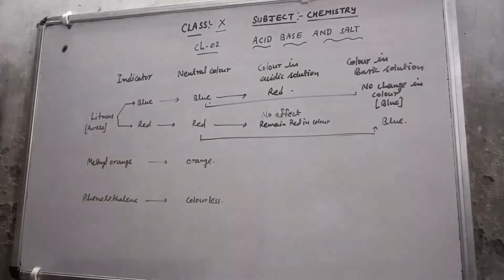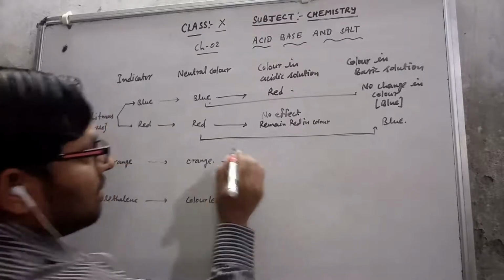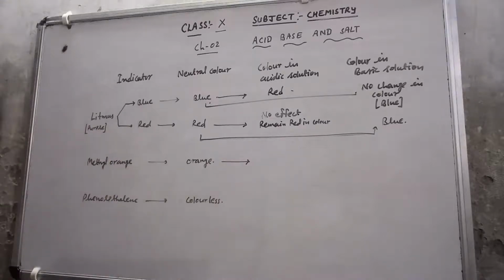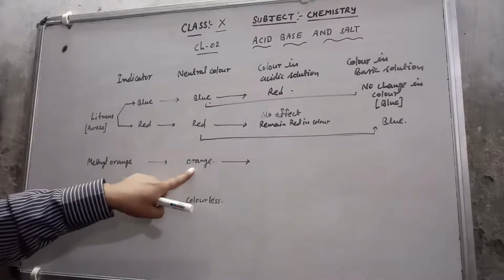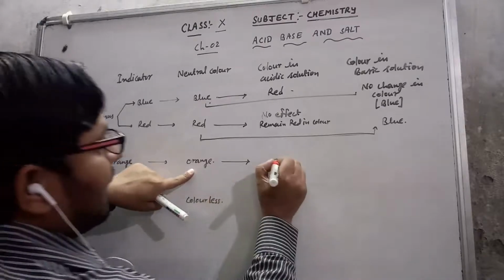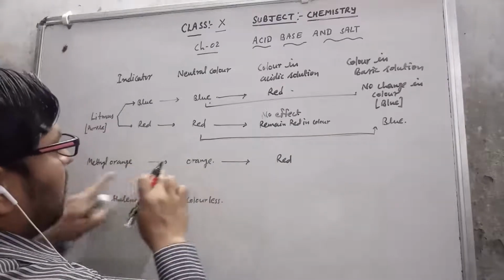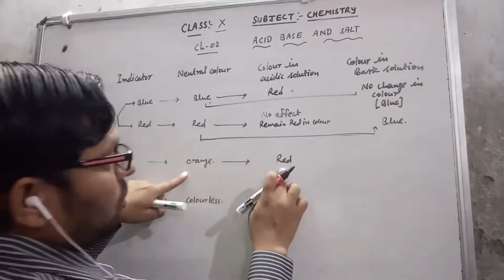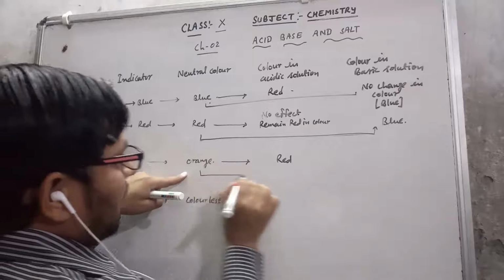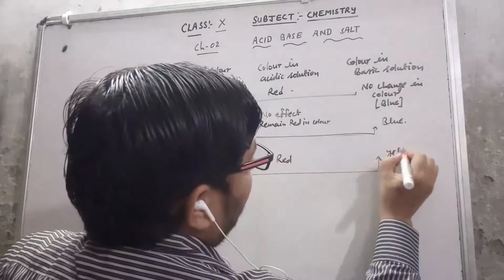Now I will talk about methyl orange. If I put methyl orange in acidic solution, then its neutral color, orange, turns into red in color. So in acidic solution, the color of methyl orange turns from orange to red. But if I put it in basic solution, then its color changes to yellow.